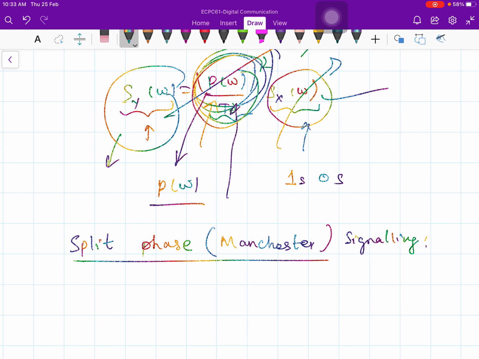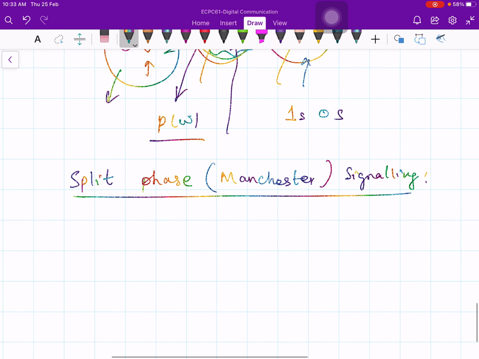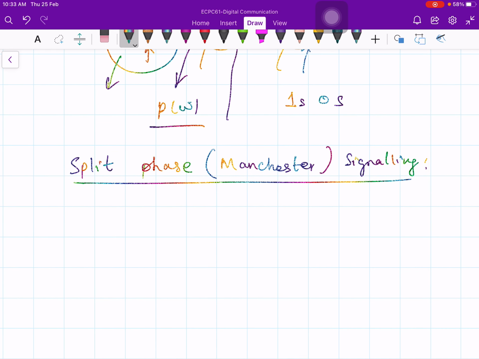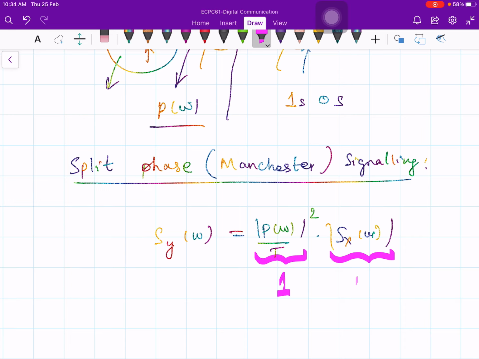I think you may be familiar with this coding scheme. The point I am making is that we can split our Sy of omega into two parts. The first part is mod P of omega square, and the second part is Sx of omega.